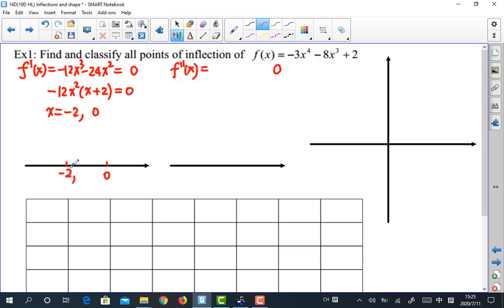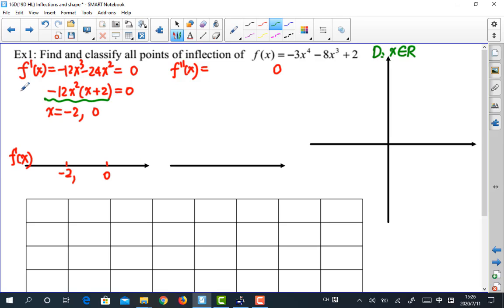Let's label these 2 points on the number line to show the sign diagram for f prime x. Of course, you also need to put out the domain of this function. The domain of this function should be all real numbers. Therefore, these 2 zero points of the first derivative chunk negative infinity to positive infinity into 3 intervals.